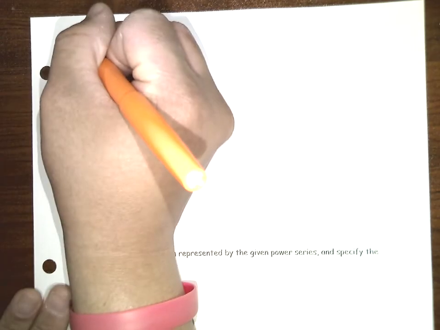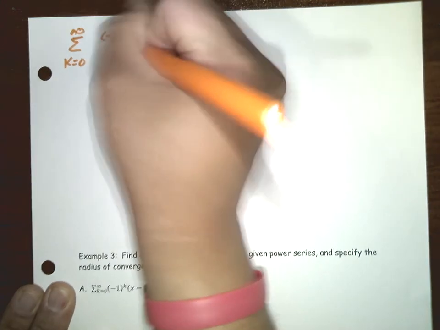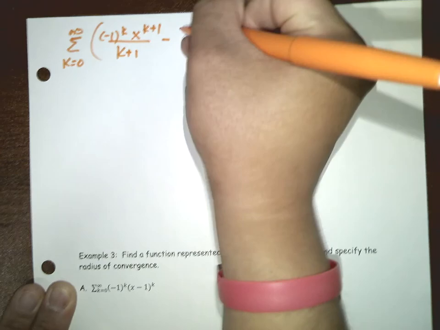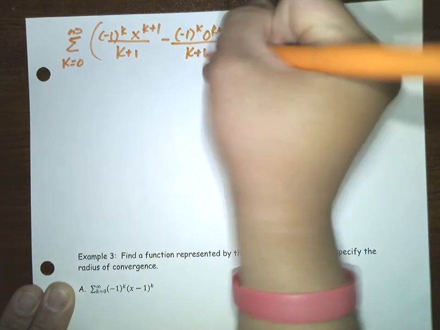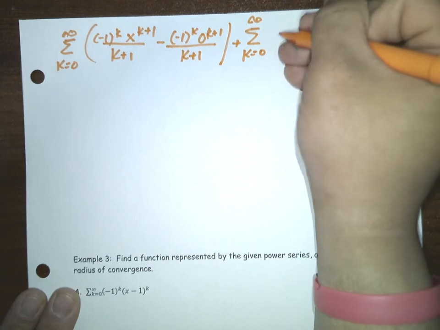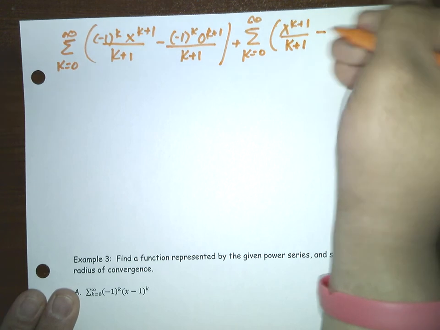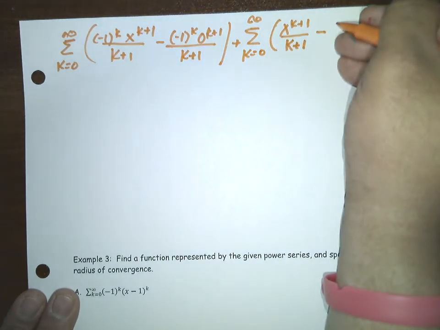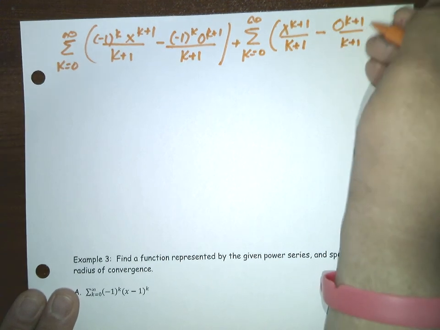So the first one will be the sum k equals 0 to infinity of negative 1 to the k times x to the k plus 1 over k plus 1, minus negative 1 to the k times 0 to the k plus 1 over k plus 1, and then plus the sum k equals 0 to infinity of x to the k plus 1 over k plus 1 minus 0 to the k plus 1 over k plus 1.